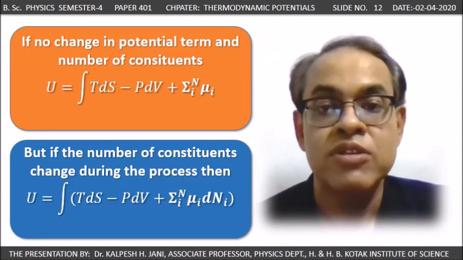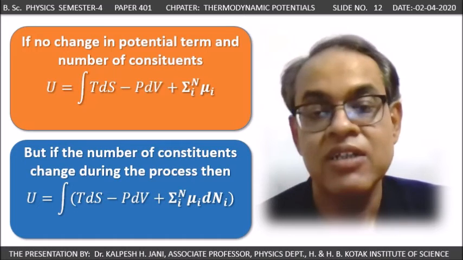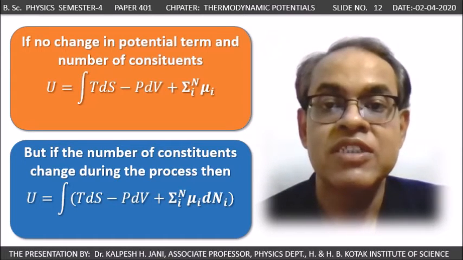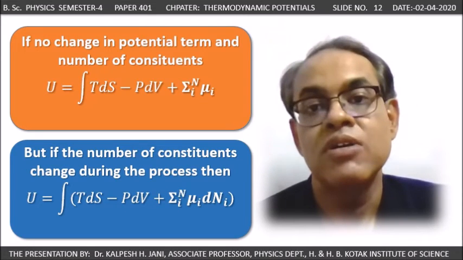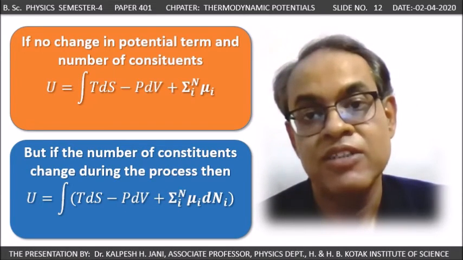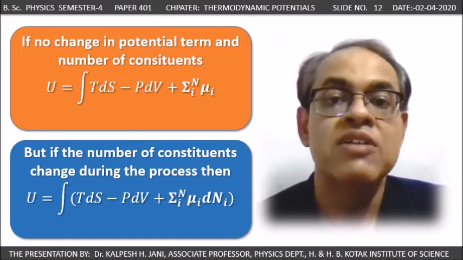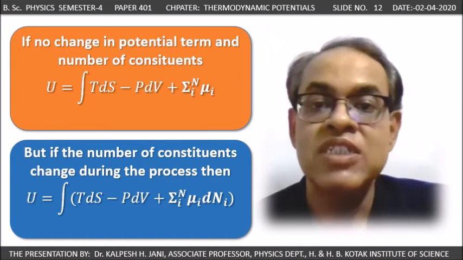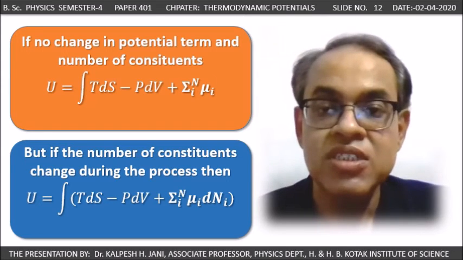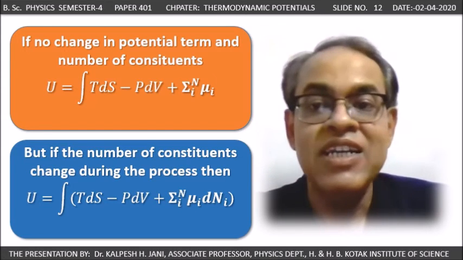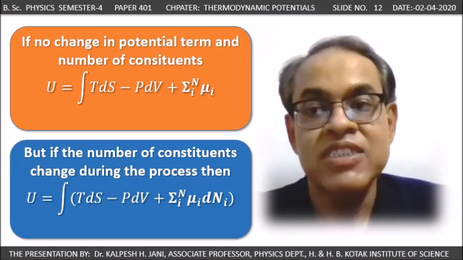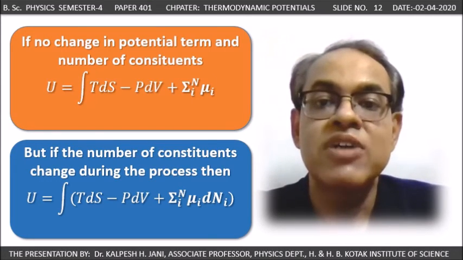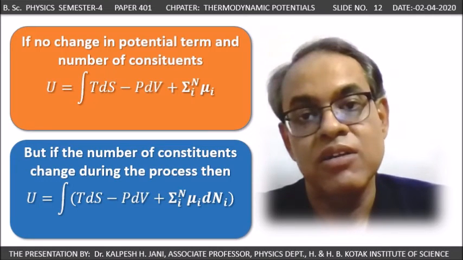We shall not take that part at this point, because it is a little complicated to account for that change in the potential energy, but we shall take the part in which the potential term can be changed because of the inlet of gas molecules from outside during the process, or outlet of the gas molecules from the system during the process.